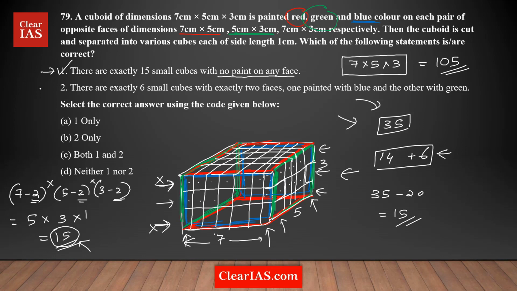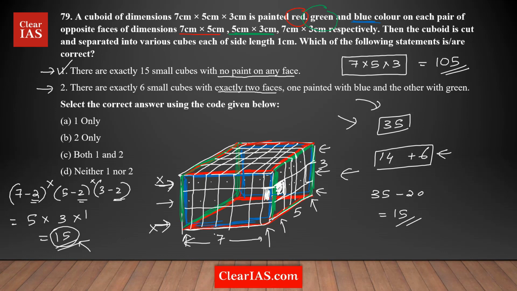Now let's try the second statement. There are exactly 6 cubes with exactly 2 faces painted, one with blue and one with green. So I need to look for blue and green painted on exactly 2 faces. I can see this is one cube, right? This one.